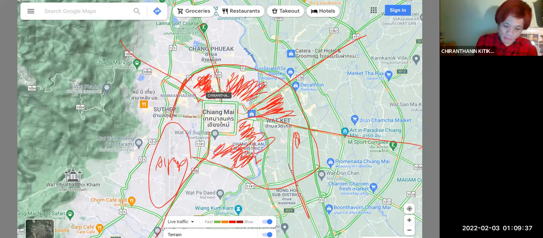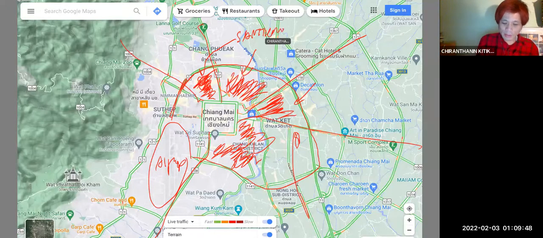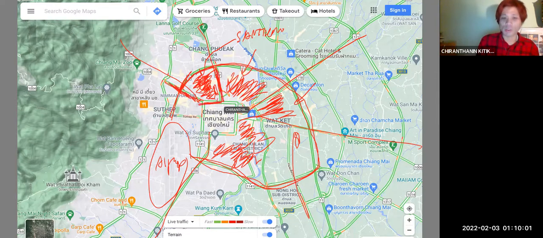The first one is called Santitam. Santitam is an area which was cut by the first circle of the city, right, and connects with Huigel Road and connects with the Chiang Mai Road.